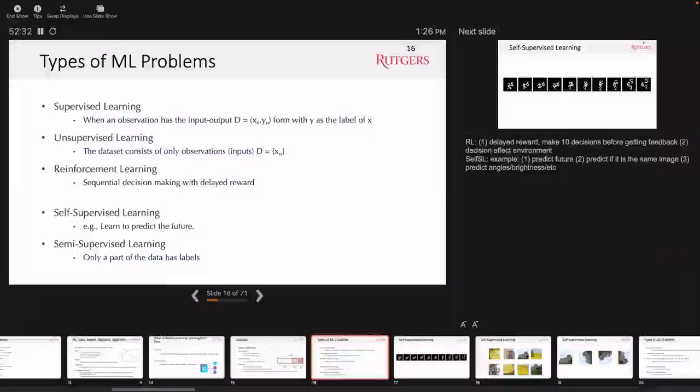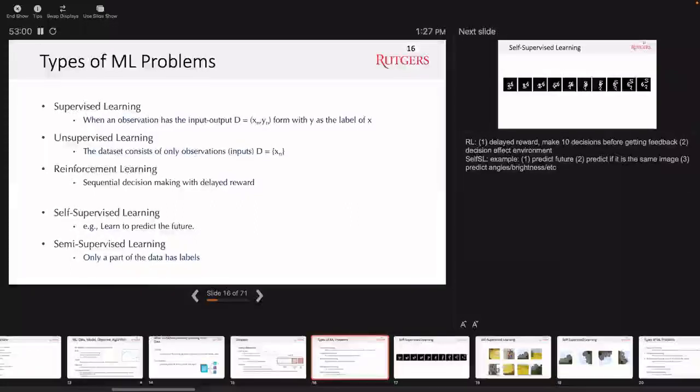Now we can think of the difference between self-supervised learning and supervised learning is the key word is self, right? What do you mean by self? Self is that the computer itself will generate the labels for you to train the model. In typical supervised learning, us humans would have to generate the label for the computer to learn it.